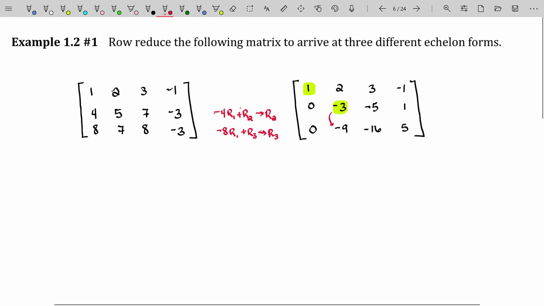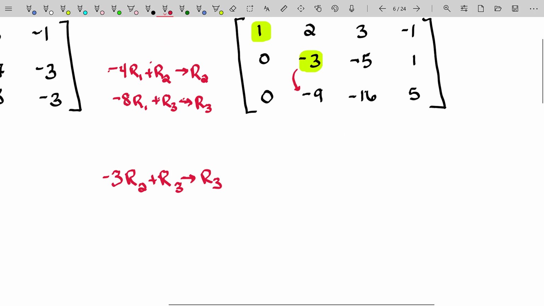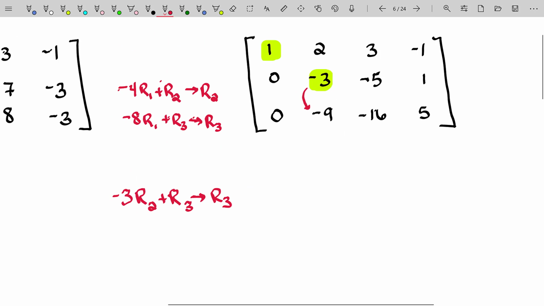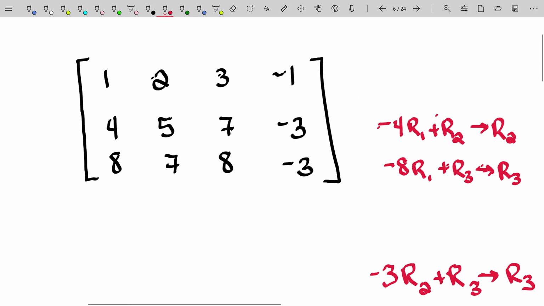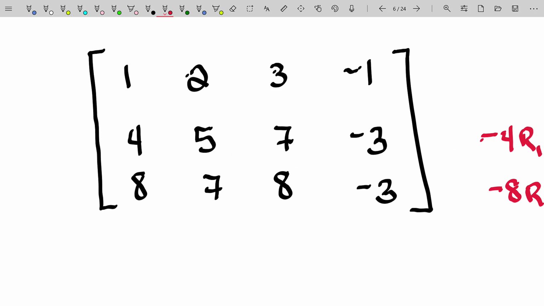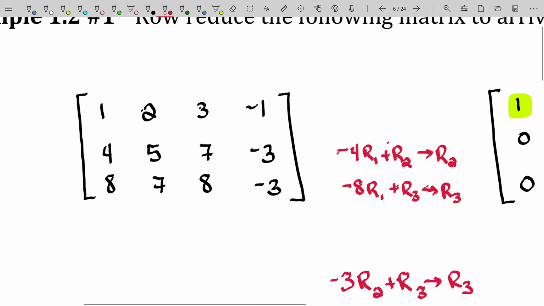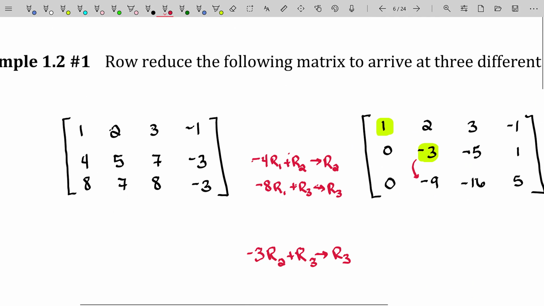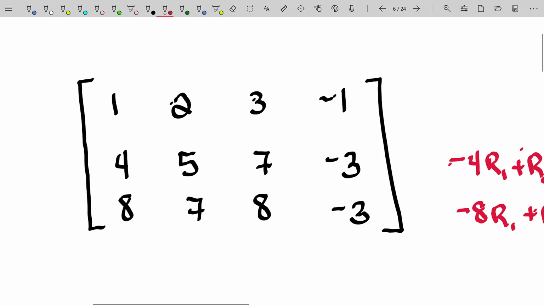So let's go ahead, and in this case, I'm going to multiply row 2 by 3, negative 3 in fact, and add it to row 3 to become the new row 3. Now this brings up a point that I should be driving home here. Notice that I didn't say in this first step, from this matrix to the next row equivalent matrix to the right there, multiply row 1 by 4 and subtract off row 2.